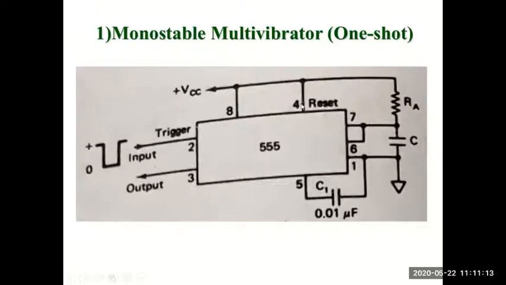If you don't want the reset to happen, then you connect pin 4 to VCC. You keep it in logic high, which means you are never switching on that second transistor T2 which I showed you, and we will never reset in between. I'm always keeping the base of that transistor at VCC. That's why pin 4 is also connected to VCC.